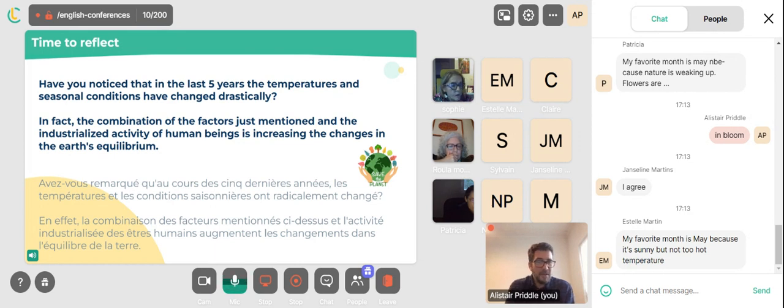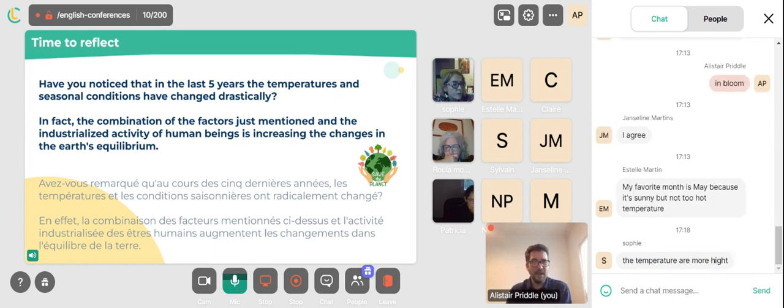Okay, well, some people, the temperatures are higher, perhaps. I certainly remember when I was a child, growing up in England, in the middle of the summer, if the temperature was 28 degrees Celsius, we thought this was so hot. We thought this was incredibly hot. And now, in England, in the same part of England, in the same part of the summer, it's higher.